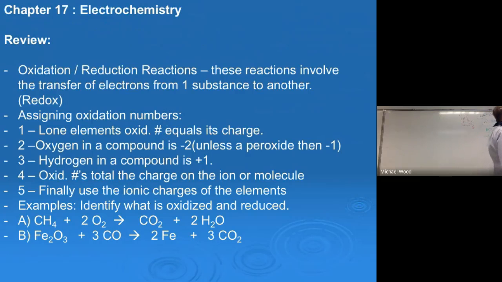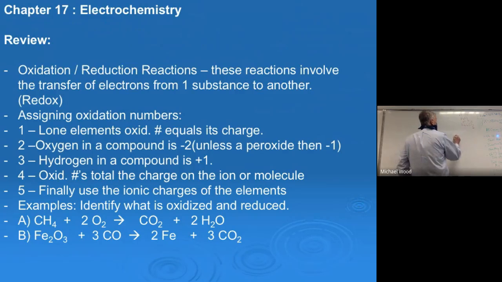But typically in a compound, oxygen's -2. Hydrogen is +1. And then the oxidation numbers need to total the charge on the ion or the molecule. Okay, and I'll look at that today too. And finally, use the ionic charges of the elements if that's the last thing. So we're going to figure out what's been oxidized and reduced.